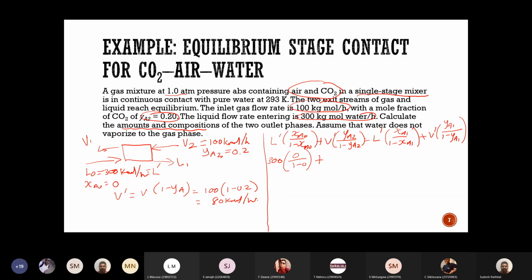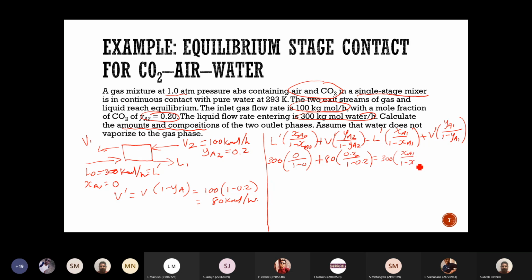Okay, so let's put that into the equation. That's 80 into 1 minus YA2. What is YA2? 0.2. 1 minus 0.2. And then on the right hand side, you've got 300. Now we don't know what XA1 is. This is what we need to determine.